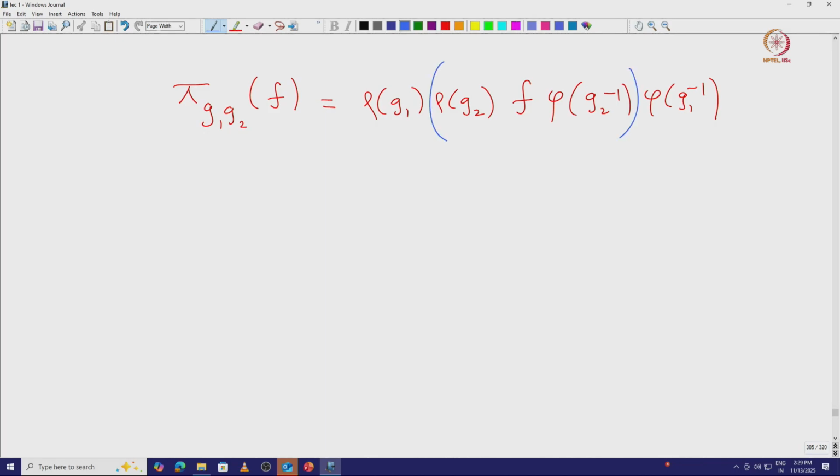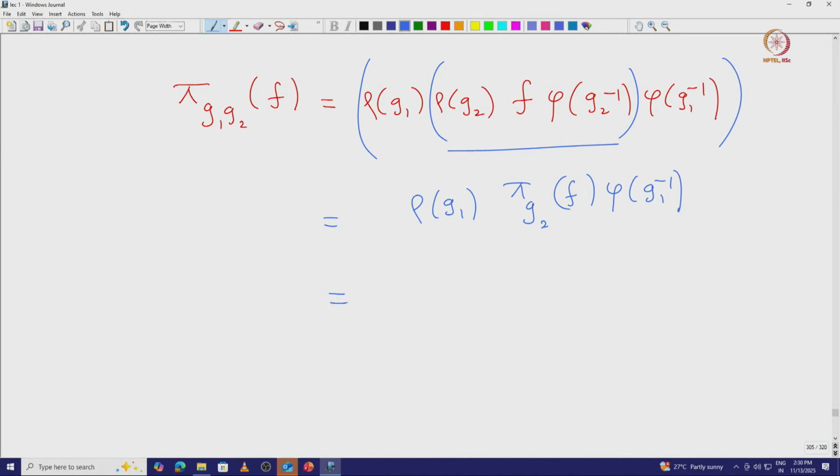Now you can see that this can be grouped as follows: first you apply pi g2, then you apply pi g1. This quantity is pi g2 of f, then rho g1 times pi g2 of f times phi g1 inverse. That means this is exactly equal to pi g1 applied on pi g2 of f.